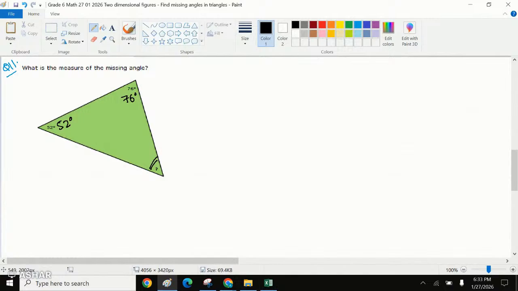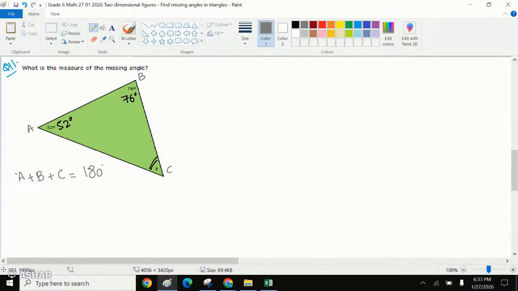Okay, let's label them A, B, and C. So we know that when we add the three angles, A plus B plus C, it should equal 180 because it's a triangle. Okay, Nathan, do we agree on this?